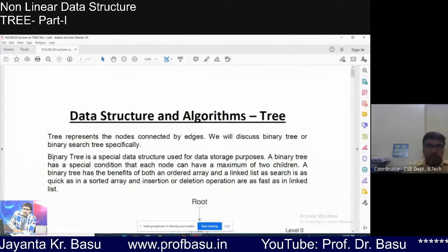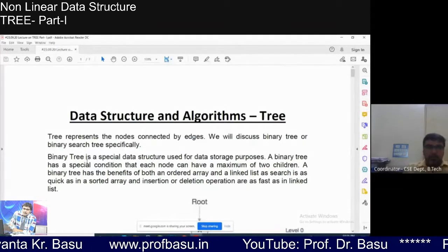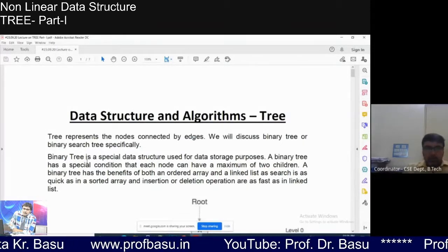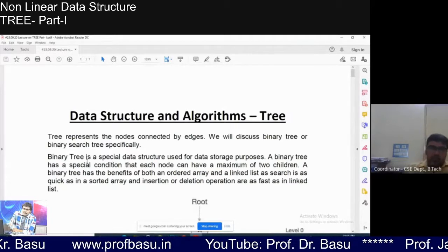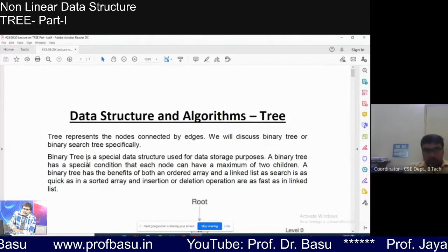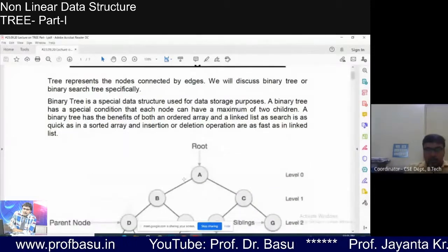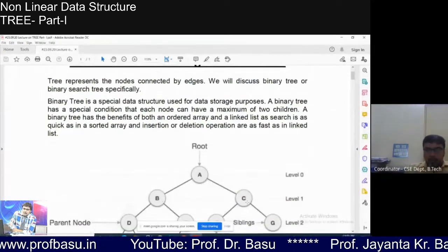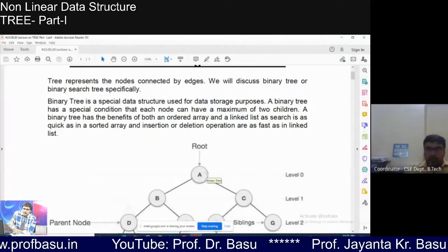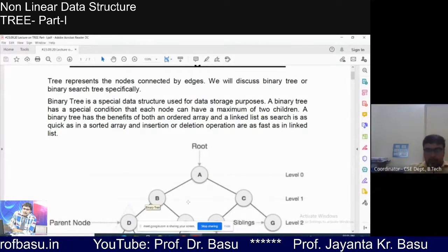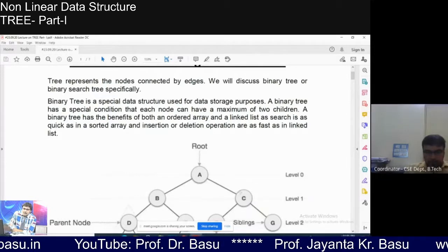You know that by the name itself, binary tree definitely has two derived nodes from a single source. You can call that source a parent node, and the nodes derived from this parent node may be considered child nodes.